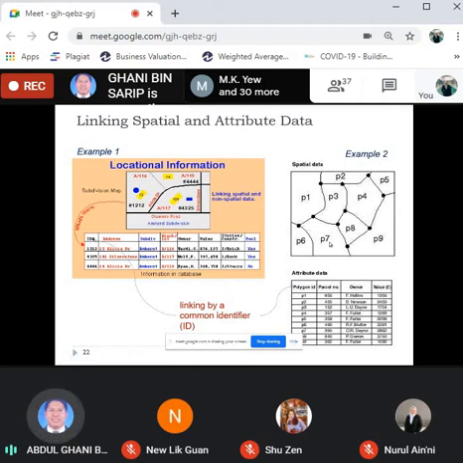So that's how we utilize a database of a map or spatial map and the attributes. And then we need to have a common identifier, but it's going to be a unique identifier that links the map to the attributes, or the non-spatial database.